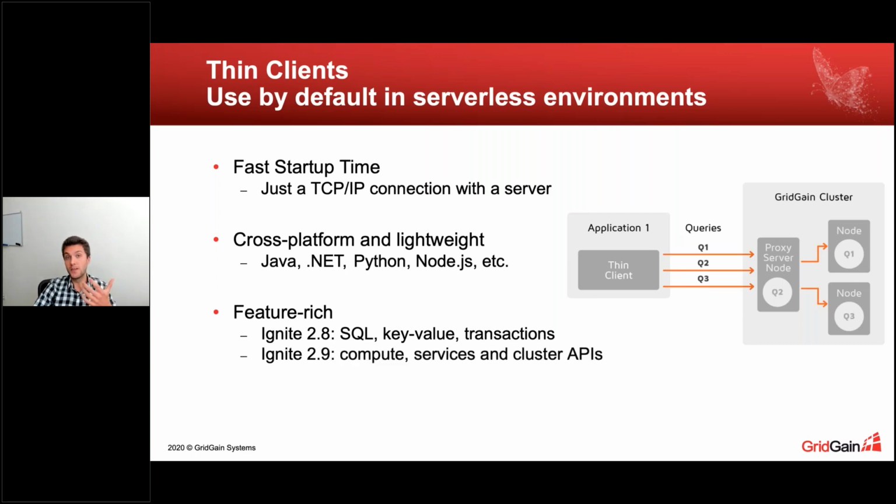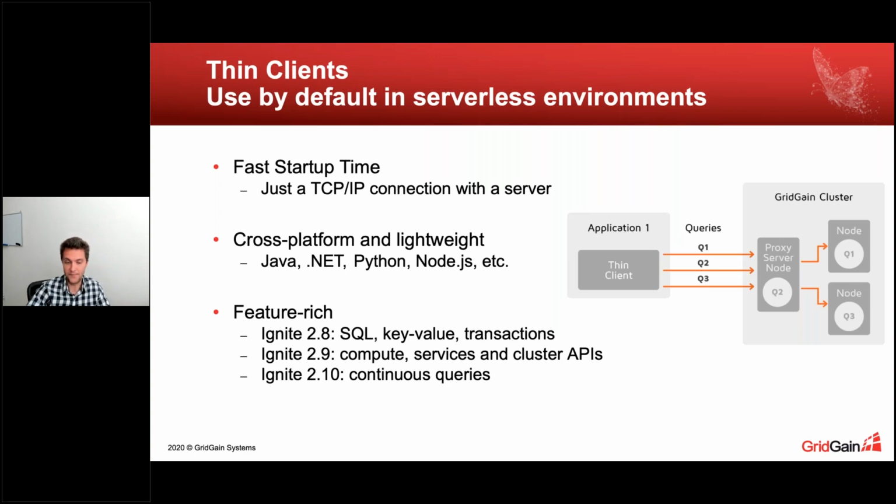In the Ignite 2.9 release that was published and officially announced a couple of days ago, we added support for compute, services, and clustering APIs. And Ignite 2.10 is already being planned, but we have already implemented the continuous queries APIs.